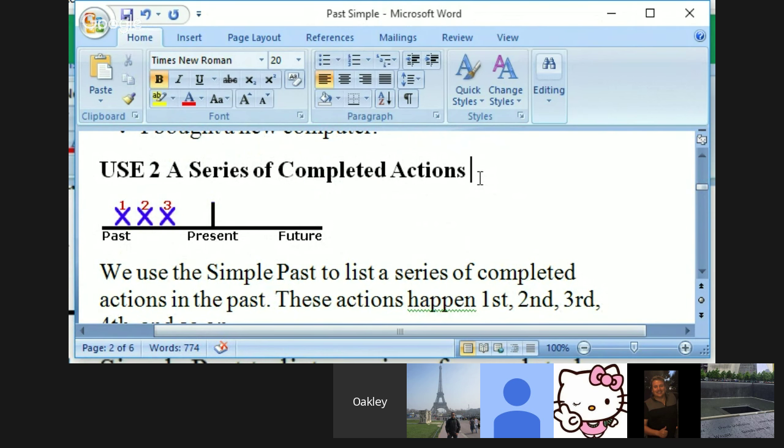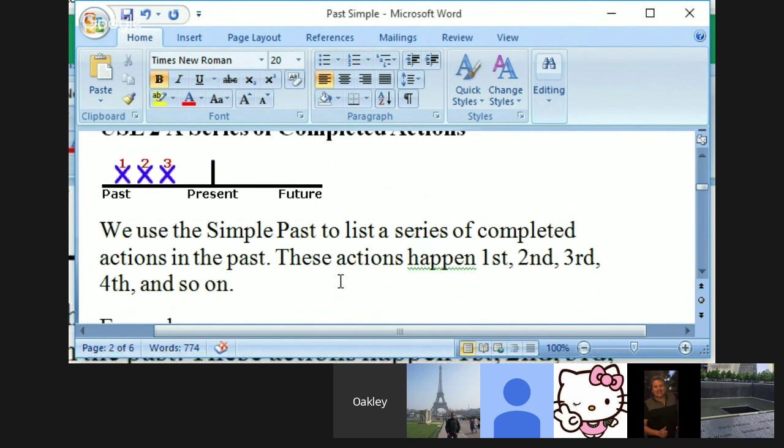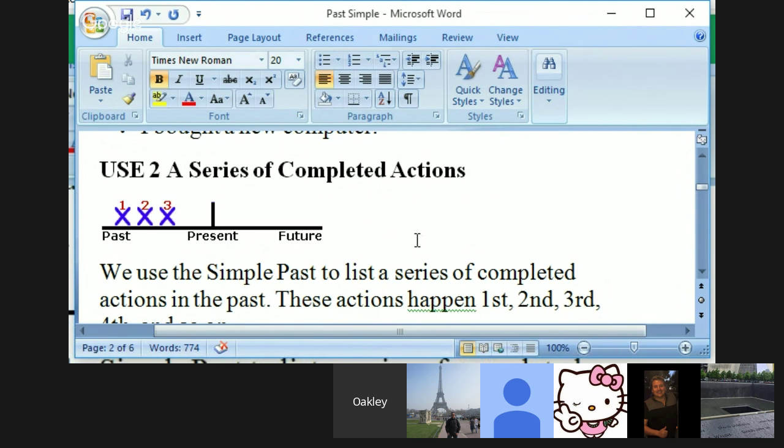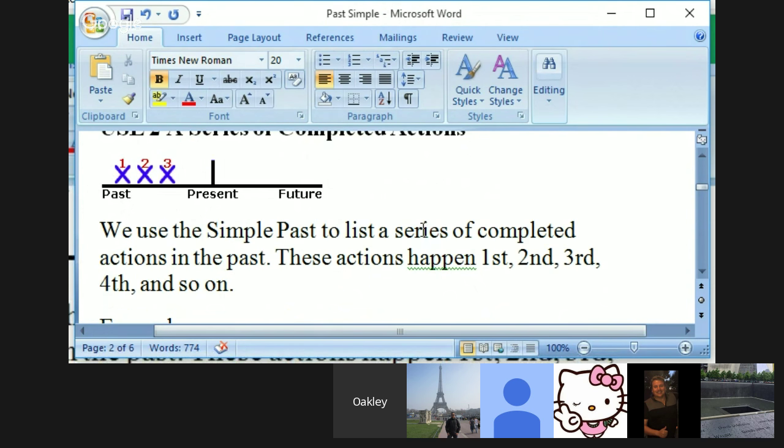Okay, moving on to our second use: a series of completed actions. Now this is interesting. Sometimes this can be confused with the past perfect, because past perfect is used in a complex or compound sentence where we want to show that one thing happened before another.